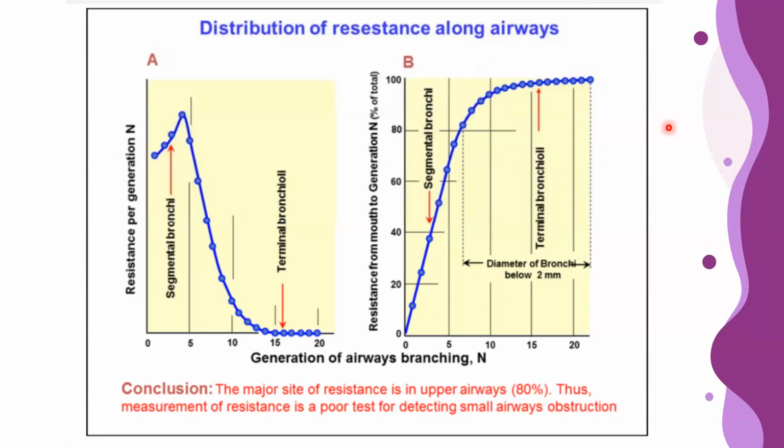All right. Now let's come to the second point here, which is that measurement of resistance is a poor test for detecting small airway obstruction. What do we mean by this exactly? So let's go and see.